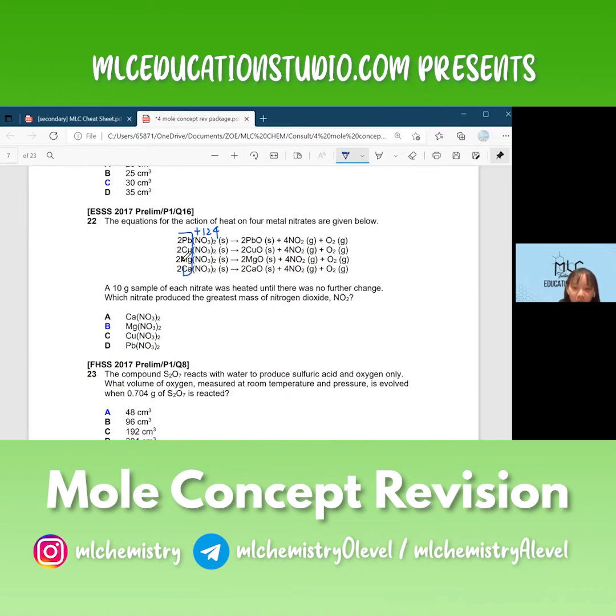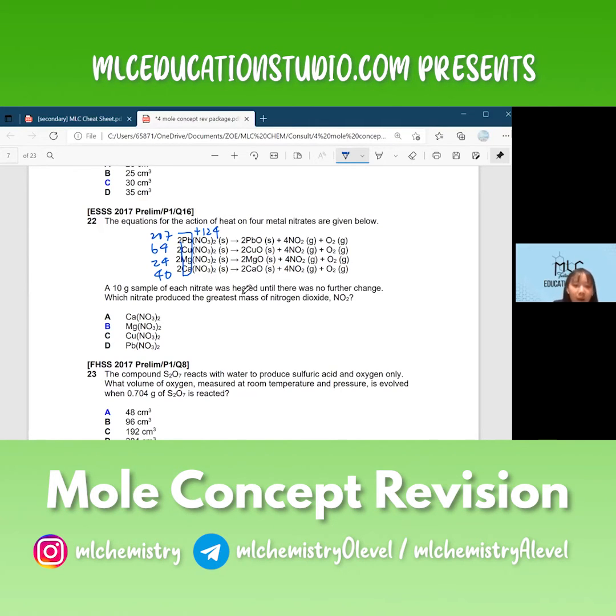So you can combine all the MR and find number of moles, or alternatively, just look at the cation, because everything is NO3 times 2. If you write down all the AR for lead, copper, magnesium, calcium, you will get 207, 64, 24, and 40.